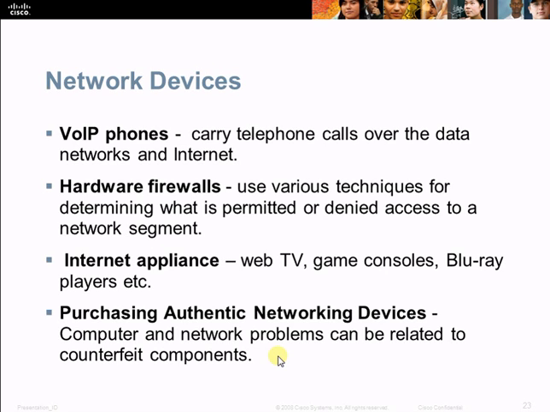We have internet appliances, such as web TV and game consoles, which allow us to go onto the internet, but they're special network devices too. It's important to ensure that you purchase authentic devices. You don't want to buy something that's a third-party counterfeit. It might not work properly on your network. So make sure that you are buying your computer equipment from reliable resources.